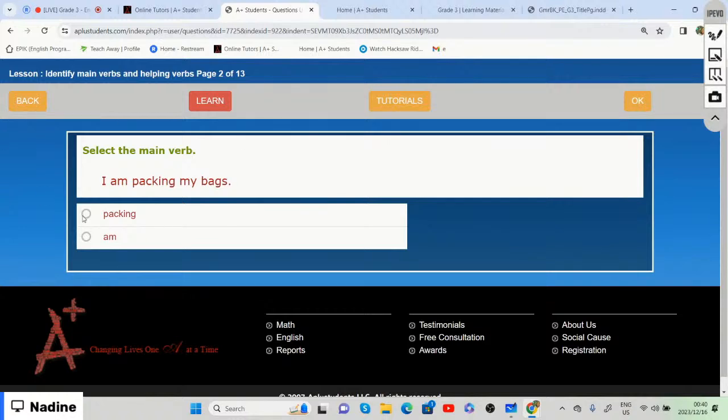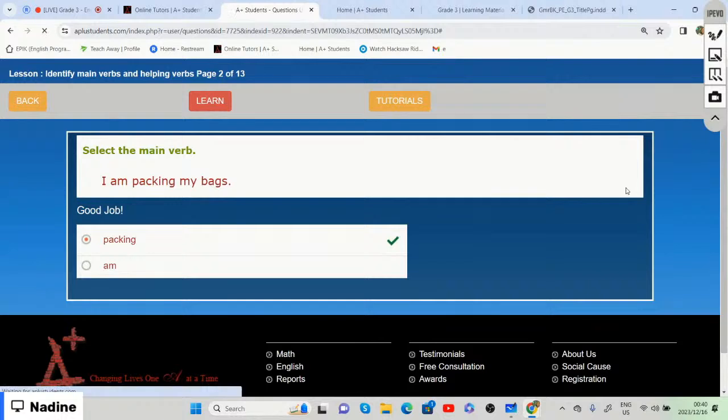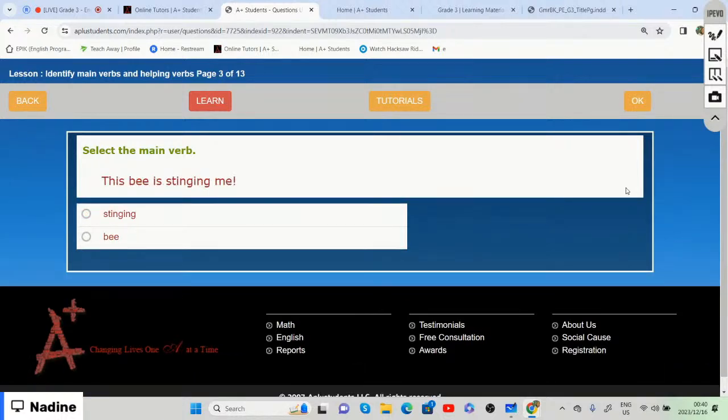And if we select the main verb, it will be packing, right? Packing is our main verb. So well done. Great job, everybody. Packing is correct.